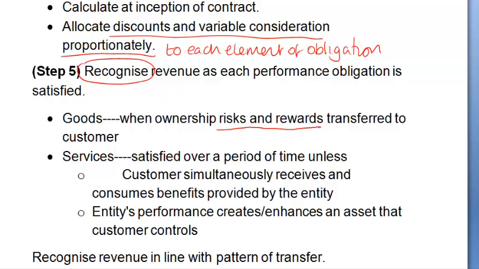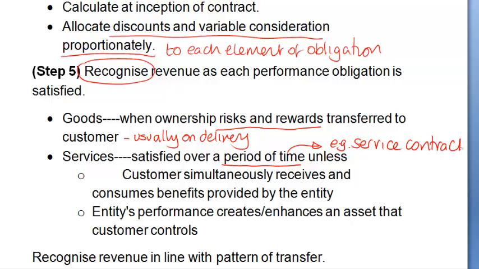So for goods, this is usually on delivery. For services, it's usually on a time basis. E.g., if we have a service contract or something such as a magazine subscription, or you might have a phone contract.